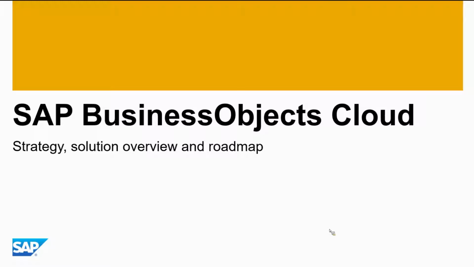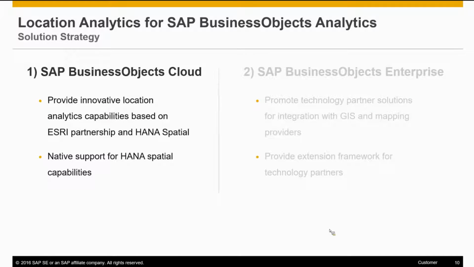So our solution strategy is really to focus on providing an innovative location analytics capability based around our partnership with Esri. So we are a partner with Esri, and we have a very strong integration with the Esri ArcGIS systems. And we also, of course, being SAP, have our native HANA backend.